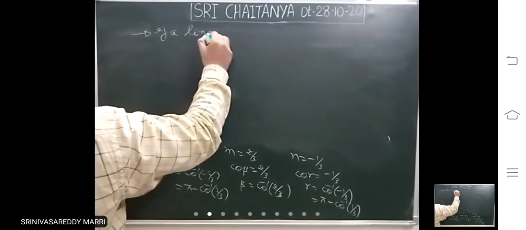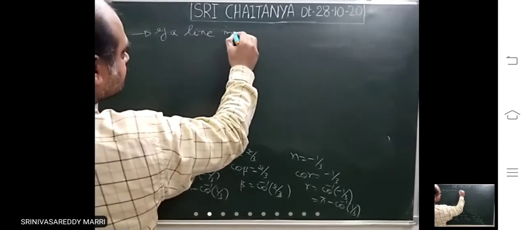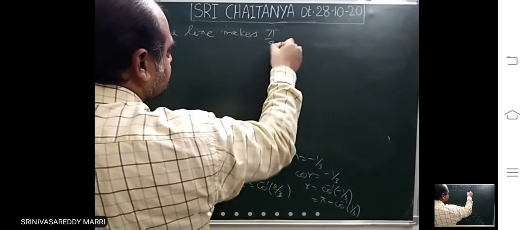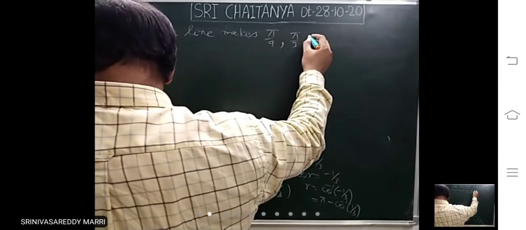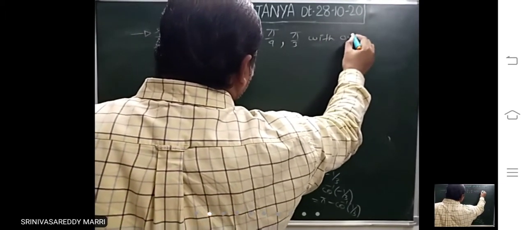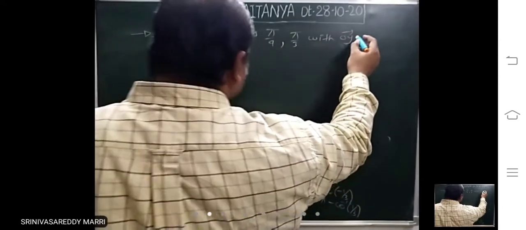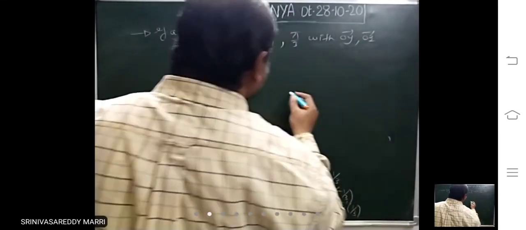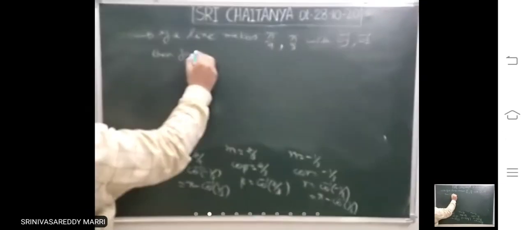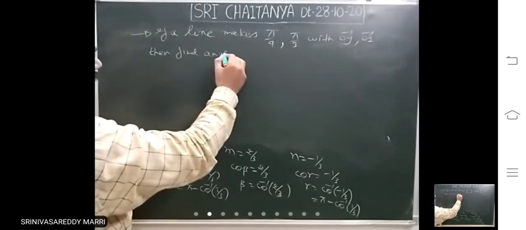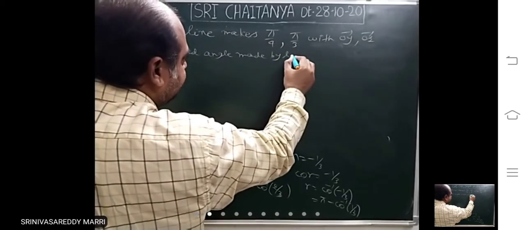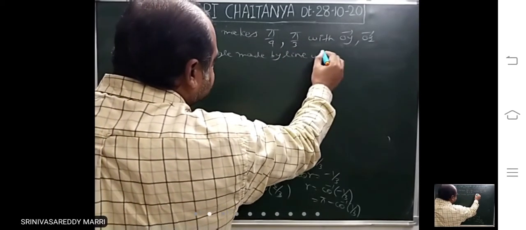If a line makes pi by 4 and pi by 3 with OY bar and OZ bar, find the angle made by the line with OX bar.